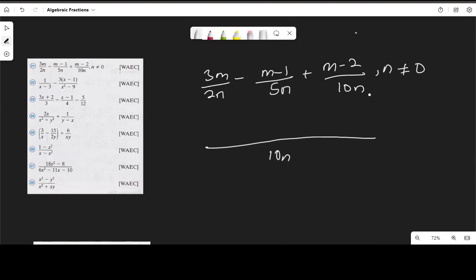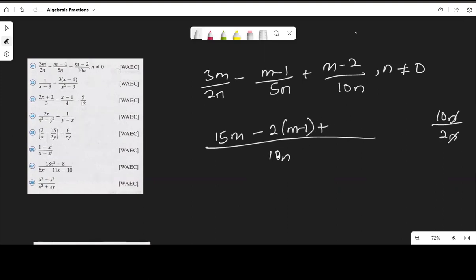10n can divide all of this. 10n divided by 2n is 5. That is 10n over 2n, n will cancel, and 10 divided by 2 is 5. You multiply the 5 by this 3m, that will be 15m. Minus, 10n divided by 5n, n will cancel, 10 divided by 5 is 2. Multiply the 2 by the numerator, m minus 1.